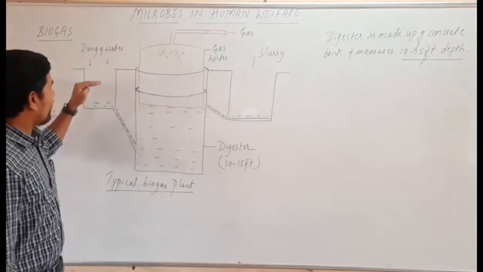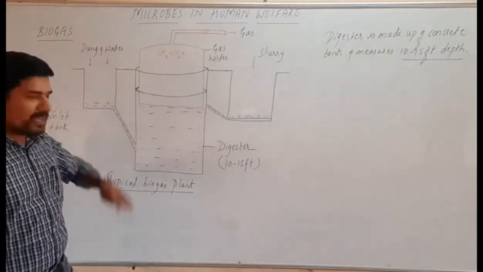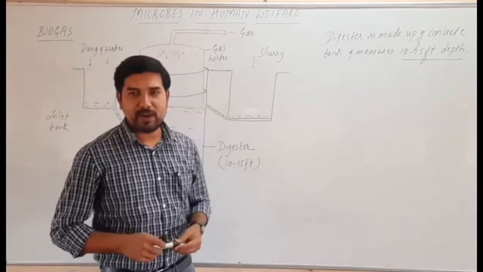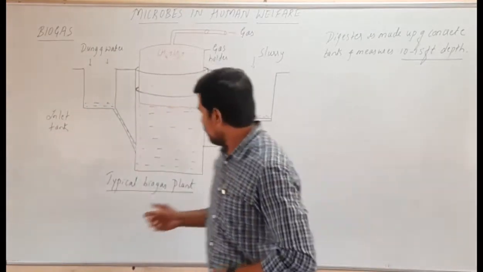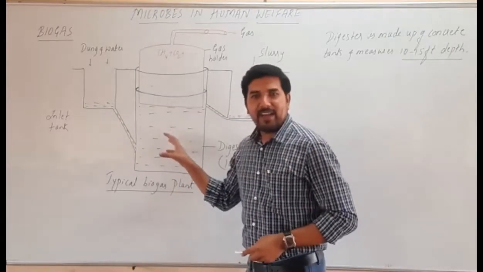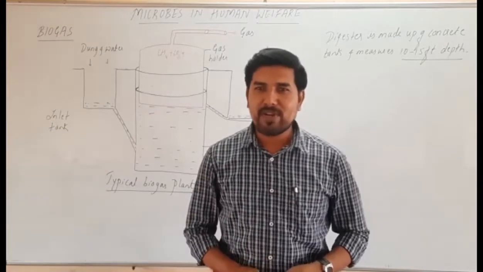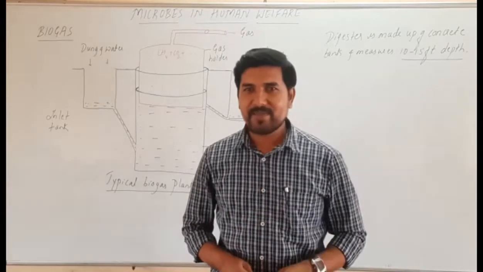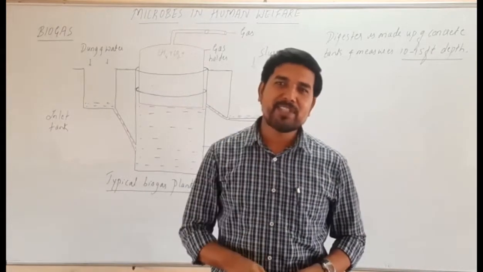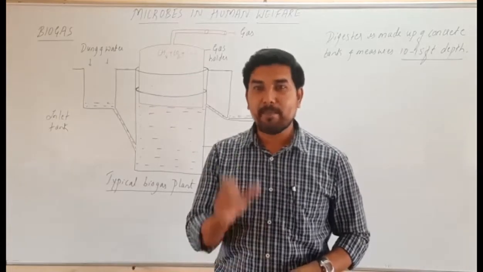Okay. Then when dung and water are allowed to settle here, there are microbes present in the cow dung. Those microbes are called methanogens, and the bacteria present in this cow dung is Methanobacter.